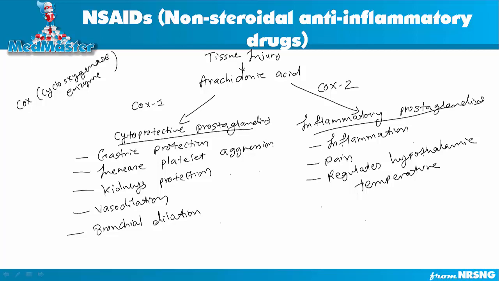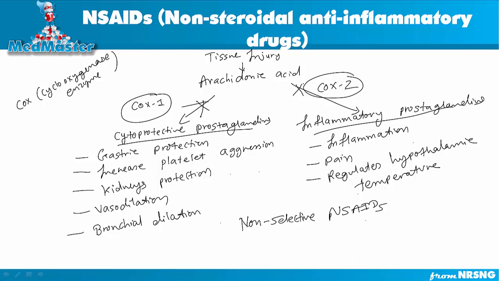Now, these non-steroidal anti-inflammatory drugs block both COX-1 and COX-2. So these drugs which block COX-1 and COX-2 are called non-selective NSAIDs.